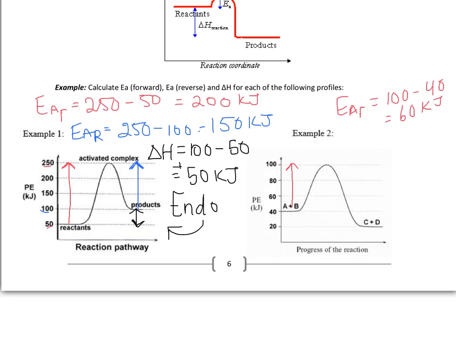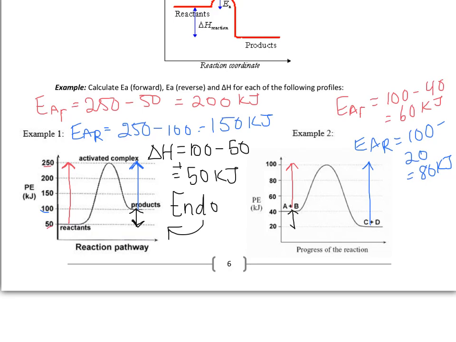To find EA reverse, we always go from products to the activated complex, or top of the hill. The activated complex happens at 100, and our products are at 20 kilojoules. This gives us an EA reverse of 80 kilojoules.